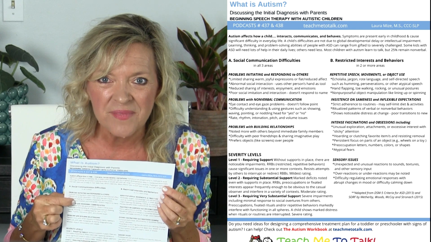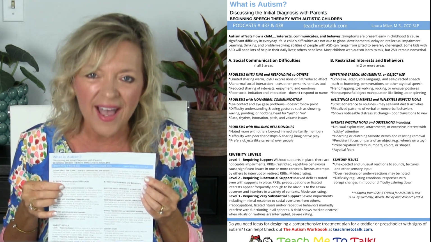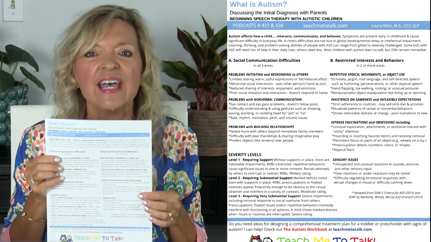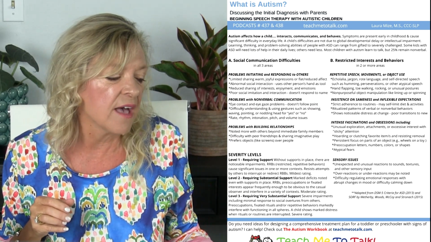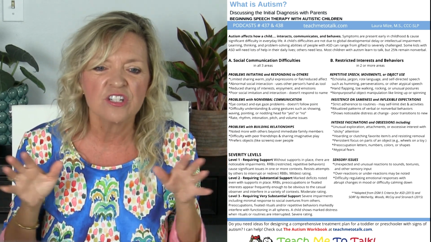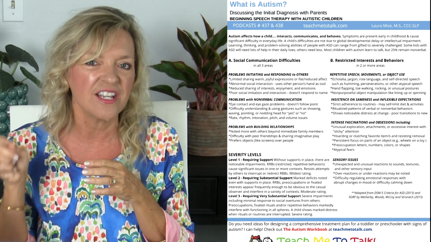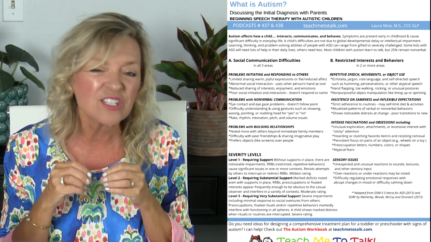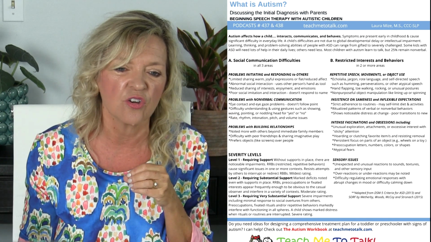How a child interacts, communicates, and behaves. So this is part of our triad. And so we get this in section A, and then in section B, it's restricted interests and behaviors. This is the third piece of our working definition for autism there. And so we'll be talking about section B in the next show, show 438. But in this course, 437, we're just going to be looking at social communication difficulties.